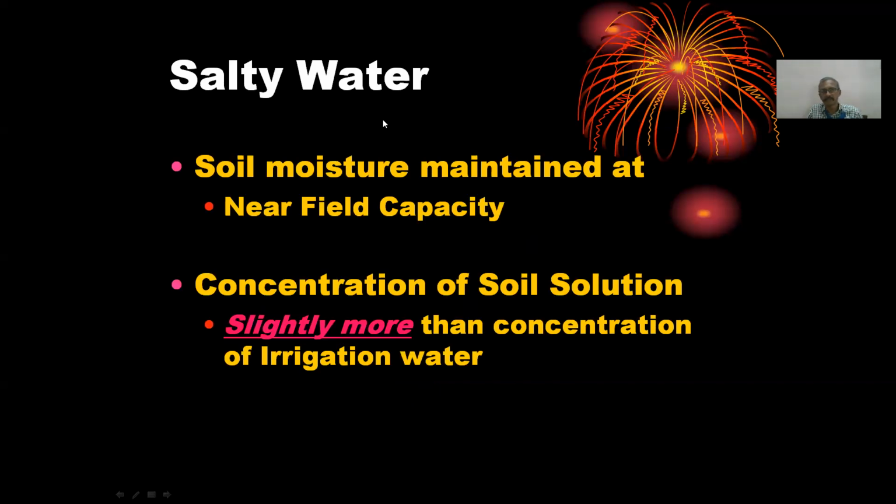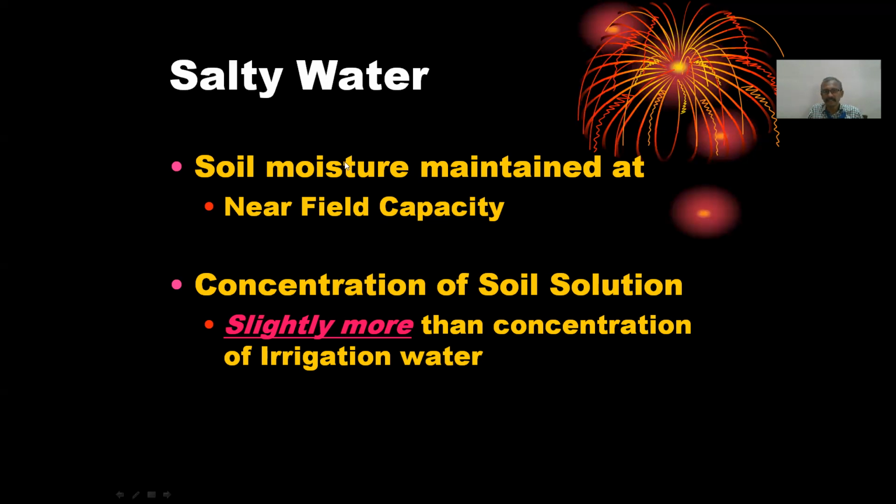With regard to salty water, why salty water can be used in drip irrigation is because in drip irrigation we maintain the root zone near field capacity, because we do frequent irrigations and the soil moisture level is near field capacity.